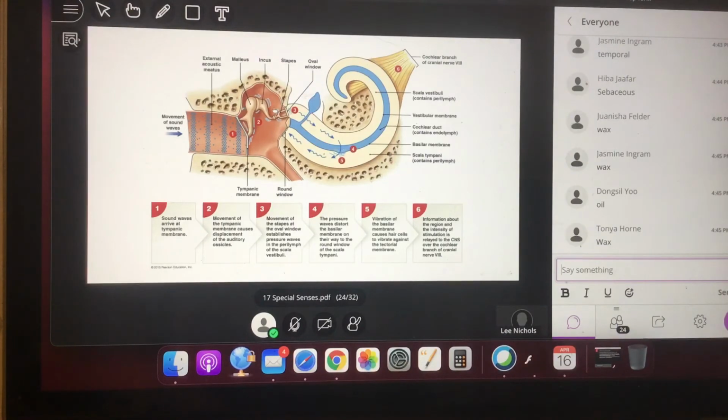So the job is to turn air vibration into fluid vibration in the inner ear, and that fluid vibration is what gets transmitted to the brain as sound. So these middle ear bones play a really important role in transmitting that sound.